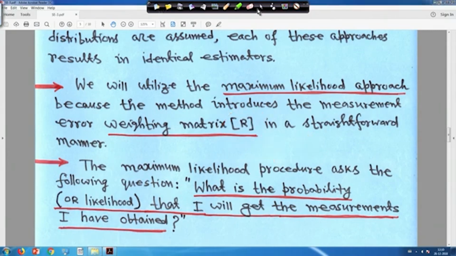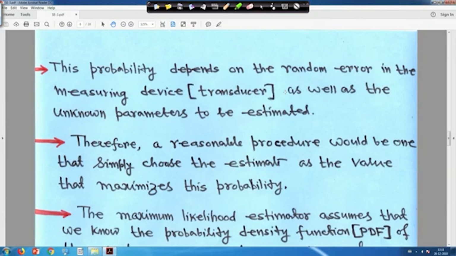So, the maximum likelihood procedure asks the following question: what is the probability, or likelihood, that I will get the measurement I have obtained, right. So, this is that criterion, the maximum likelihood procedure. This probability actually depends on the random error in the measuring device, that is the transducer, as well as the unknown parameters to be estimated.